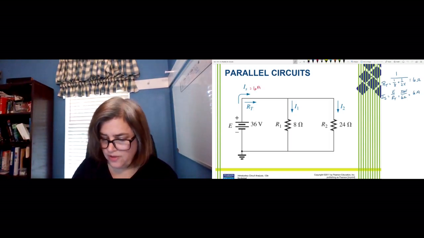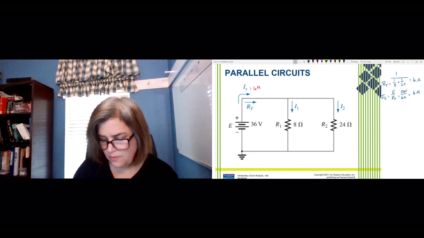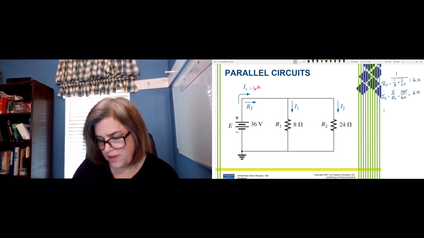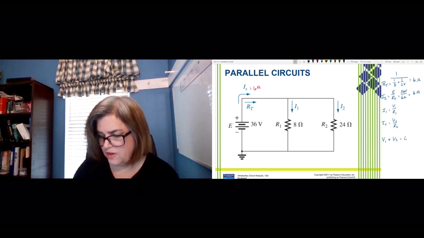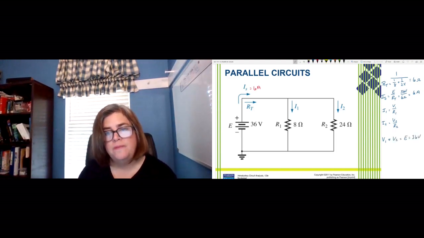All right, so how do we find I1 and I2? Well, I1 is going to be V1 over R1. I2 is going to be V2 over R2. But remember, V1 equals V2 in this case, which equals our source voltage of 36 volts.